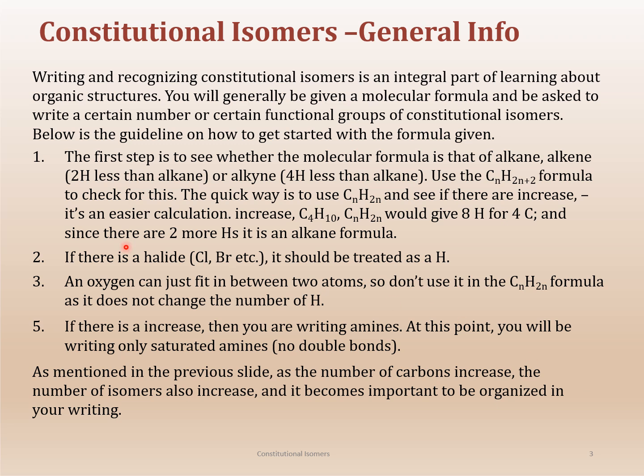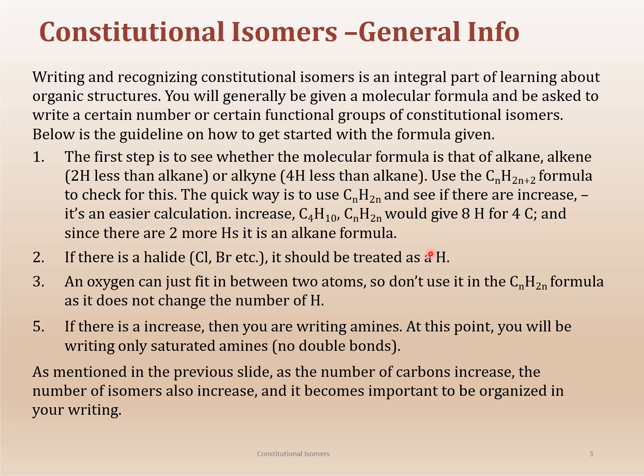First of all, the one thing you want to make sure of when you're given a molecular formula is to know what kind of hydrocarbon or compound you're dealing with. So you use the formula CnH2n+2 to find out: are you dealing with a saturated compound, or with unsaturation, which means a double bond or a triple bond?